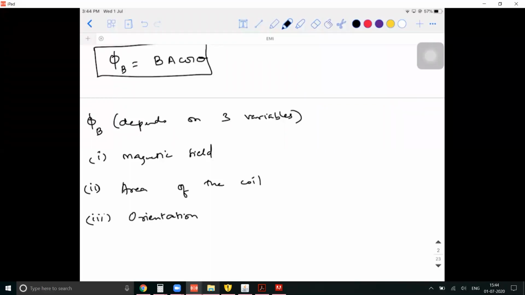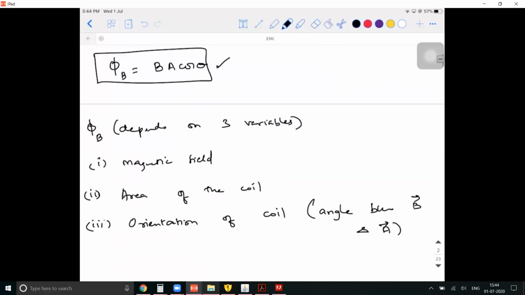So what do you mean by orientation? Orientation means it is the angle between B and A vector. The angle between B and A vector is also one of the parameters where you can think of changing the flux.